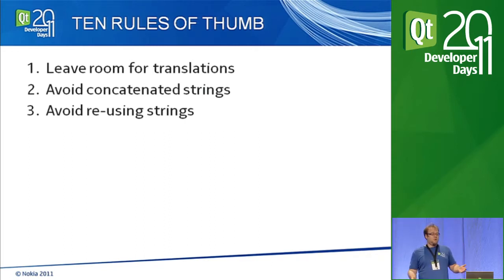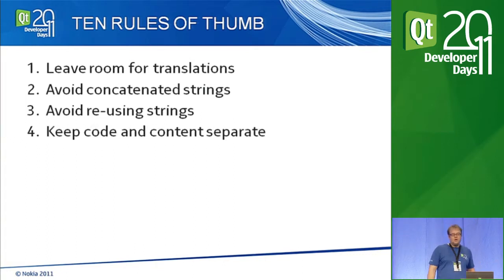In Finnish it would be lue, the imperative form. But if something has been read in Finnish, that would be luettu. So it's not the same word, and it's even longer. So in this case, two things: you have to have more room for it, and it's a different word as well.